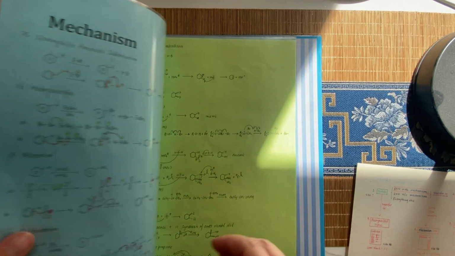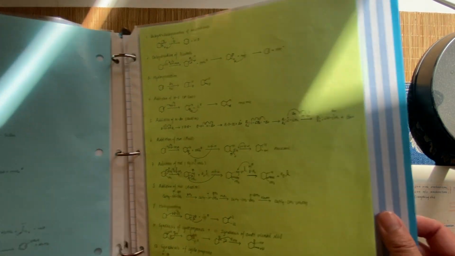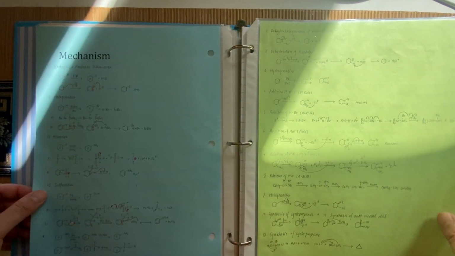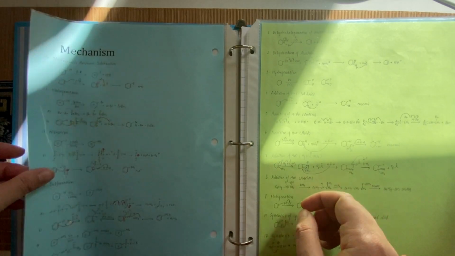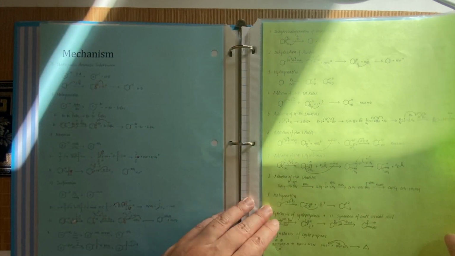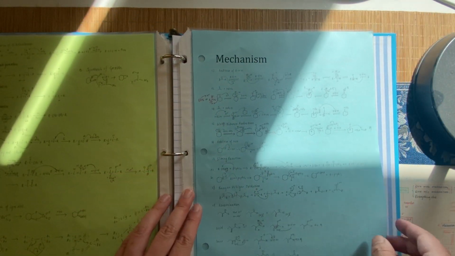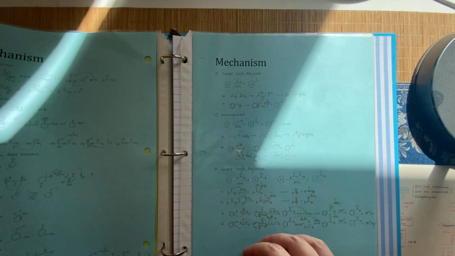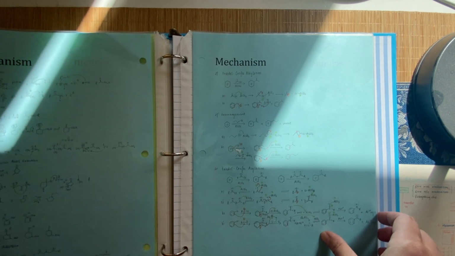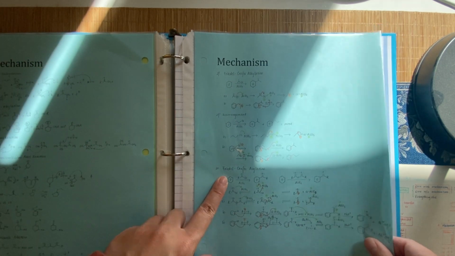I just know mechanism is super important in the learning of organic chemistry. Let's find 31 and 30, since we just randomly pull out two of them. That's 31 and then 30.